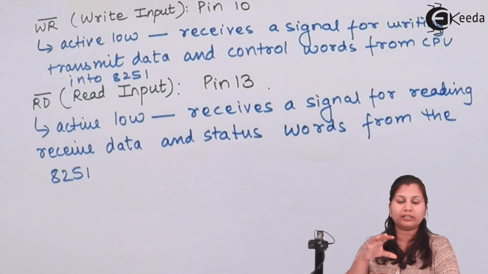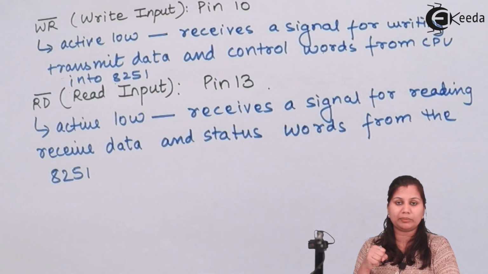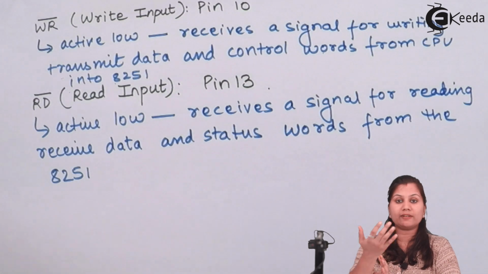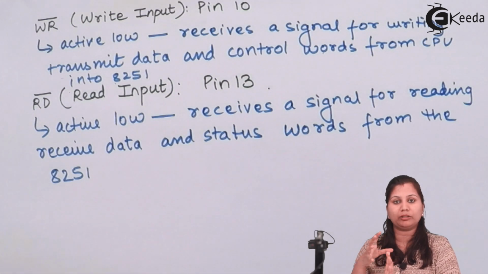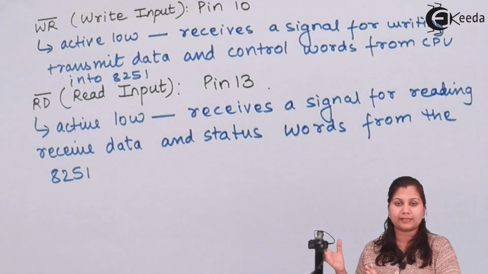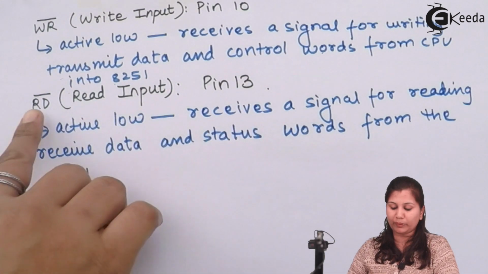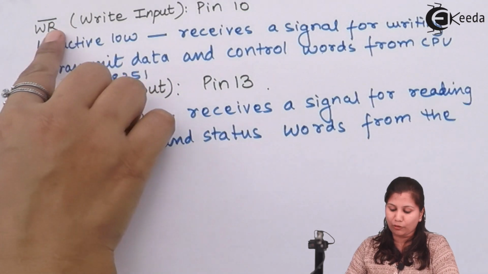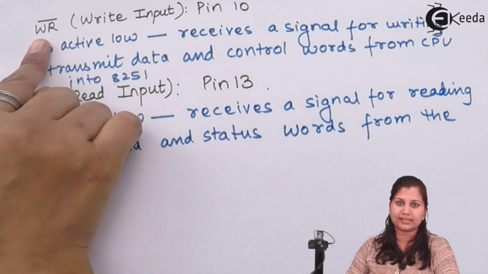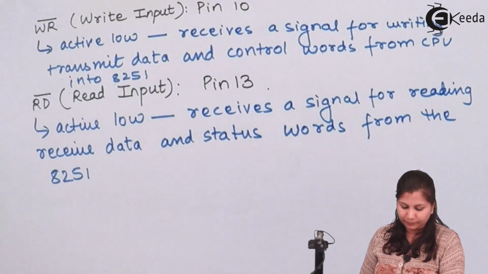So status words will be read, and the data which is received from the peripheral devices will be read by the microprocessor from the 8251. So read operation is performed when this signal is active and write operation is performed when this signal is activated.